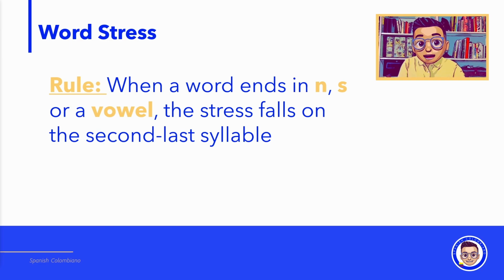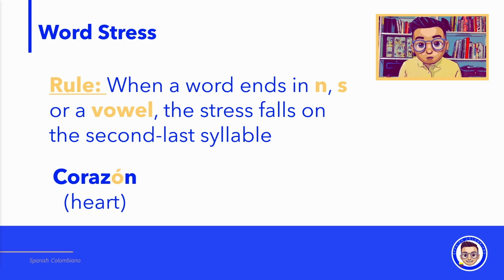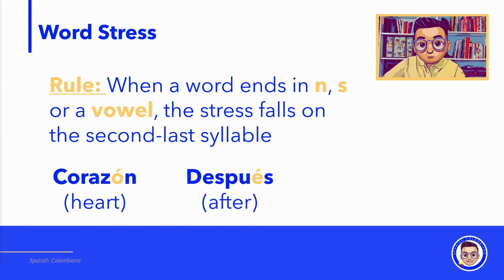If you have an accent mark over a syllable, it cancels all of these rules and you just stress that syllable instead. For example, corazón has the accent in the last syllable. The same with después. And café has the accent at the end. Café means coffee, by the way.